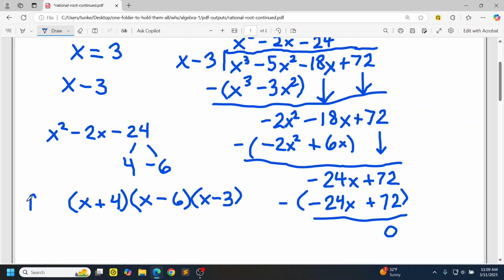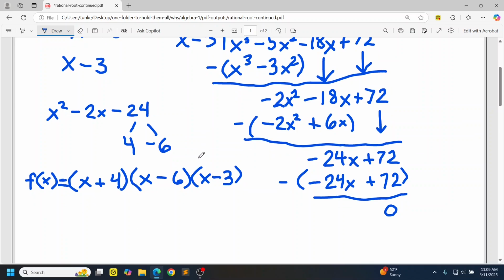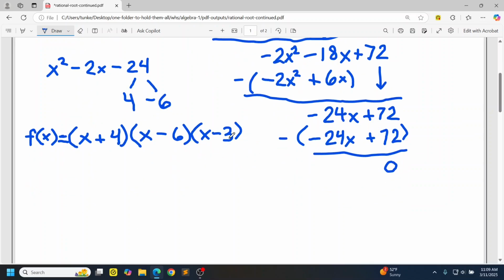So f of x would equal this, right? But I already know that x minus 3 is one of the zeros, so I'm going to set this factor and this factor equal to 0 to solve for the other two. So I'm going to say x plus 4 equals 0, and x minus 6 equals 0.